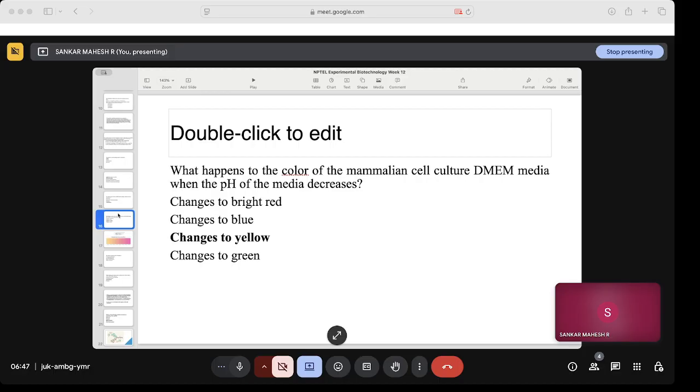Due to CO2, I think. Yes. When CO2 is released, it becomes acidic because water plus CO2 makes carbonic acid.